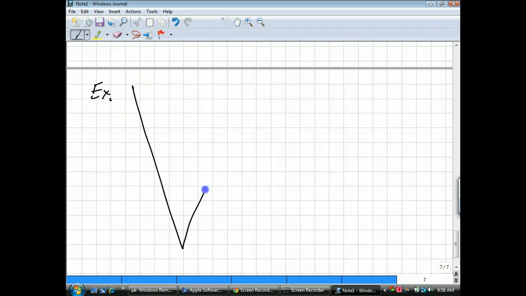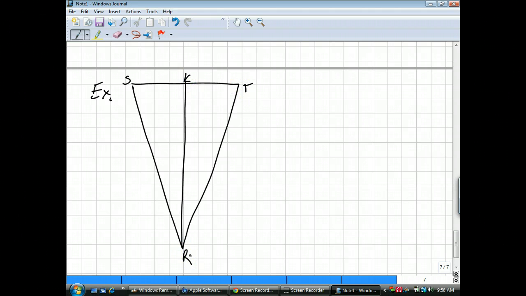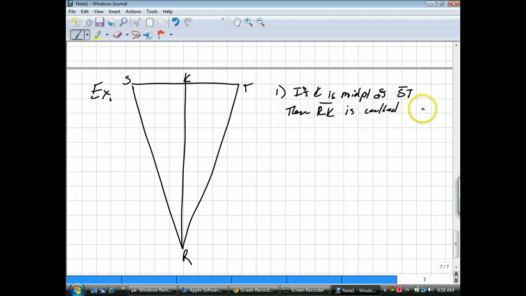Okay, given this triangle, where this is SKT, and this is point R. Number one, if K is the midpoint of ST, then RK is called the what of triangle RST.